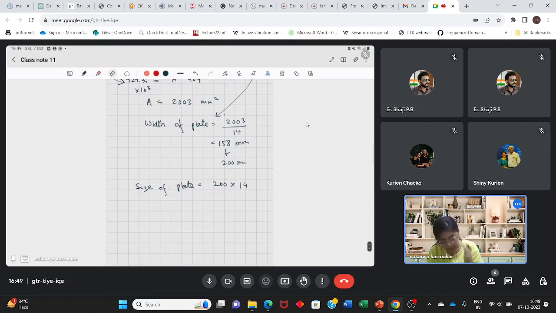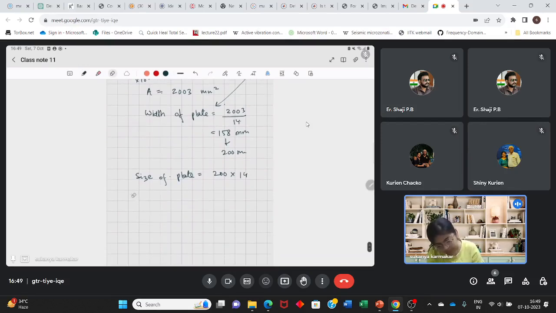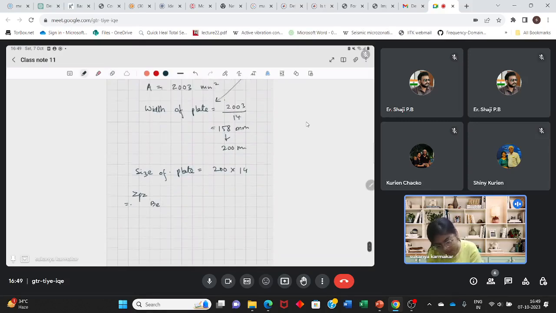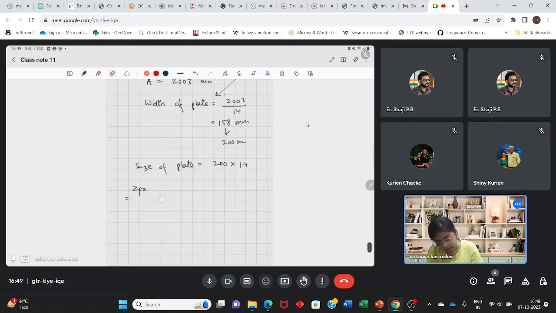Therefore the total Zpz, first what is being contributed by the I section, and the contribution by the plate.